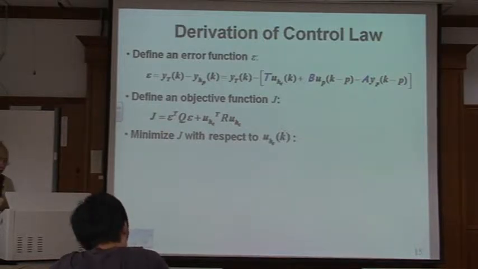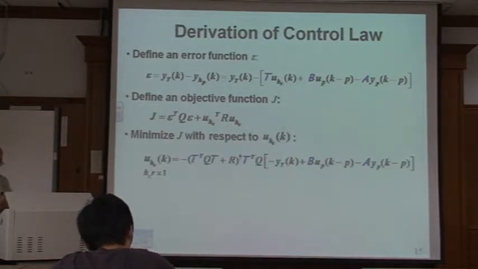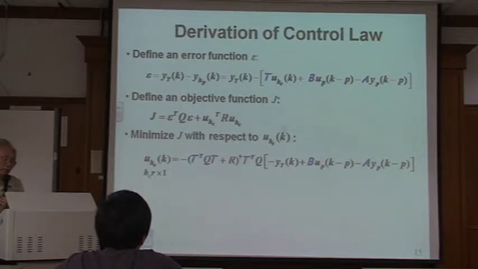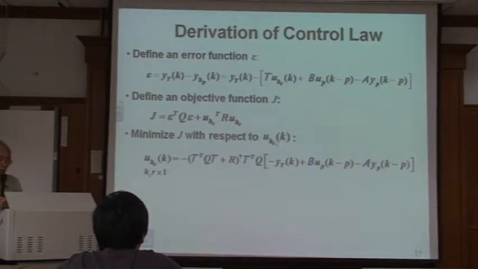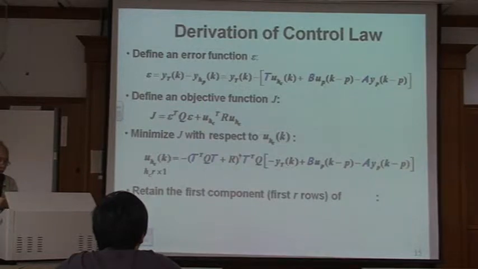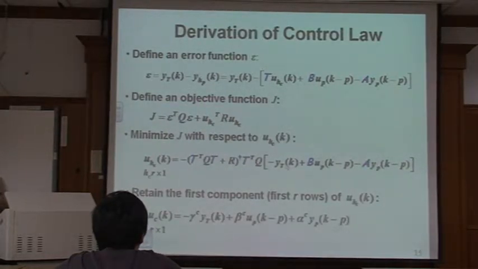So R must be larger than 0. That's exactly the same thing. Because we define that, and we minimize J with respect to U, that's our input, our feedback, then we got these combinations, right? Okay.